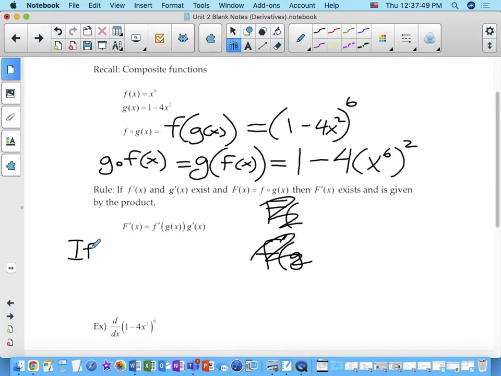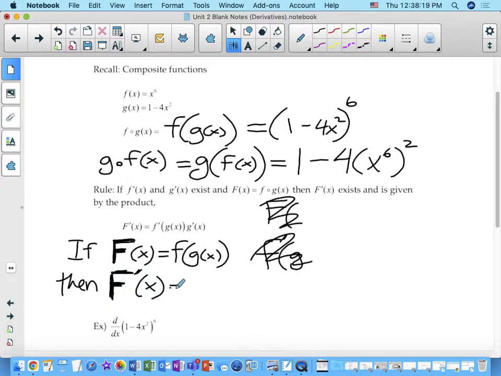If capital F of x equals f of g of x, then capital F prime of x equals f prime of g of x times g prime of x.